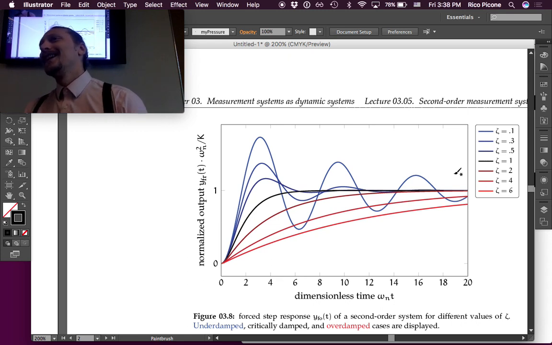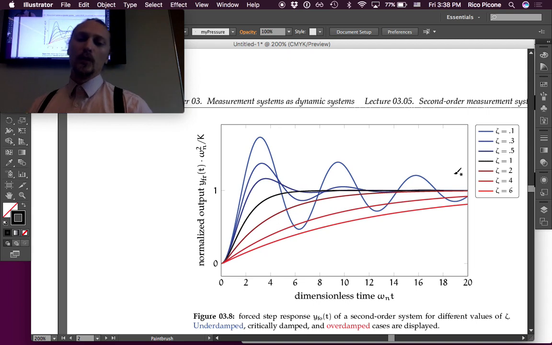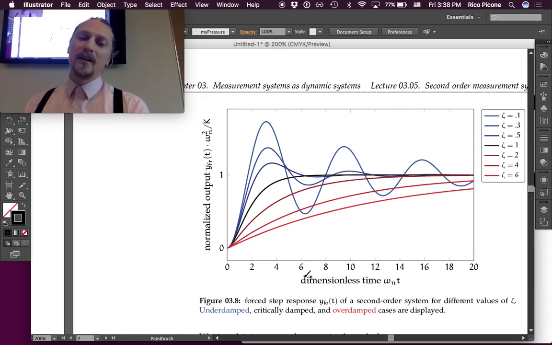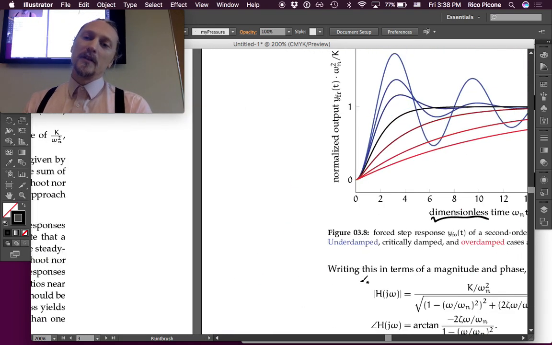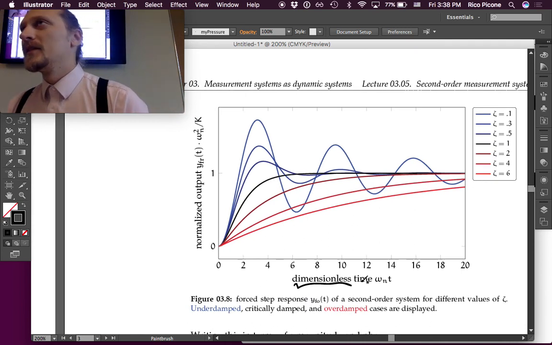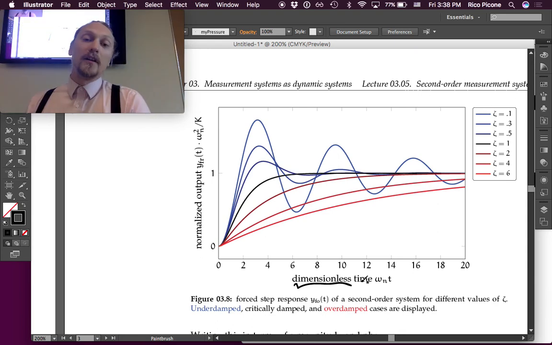Once again, we're using dimensionless time because we're pretty cool. And yeah, there are no surprises there, but it's useful to recognize that there are no surprises there. It gives us some confidence.